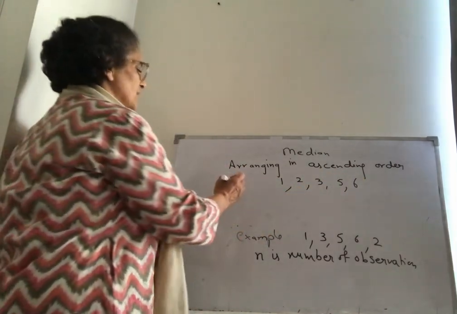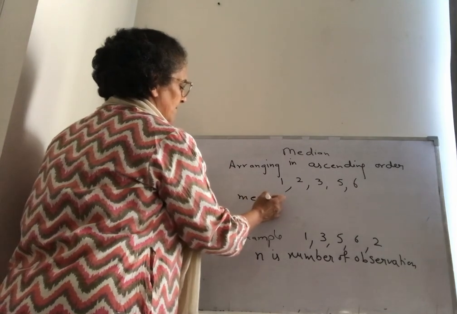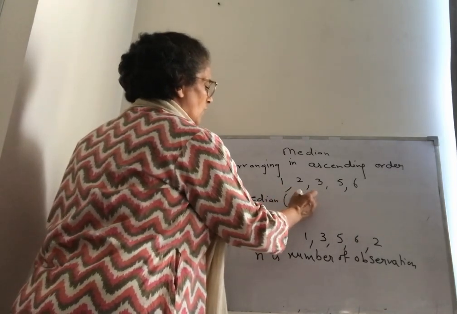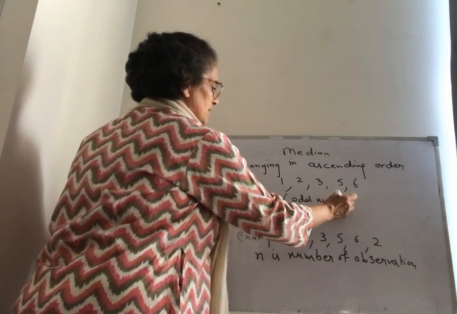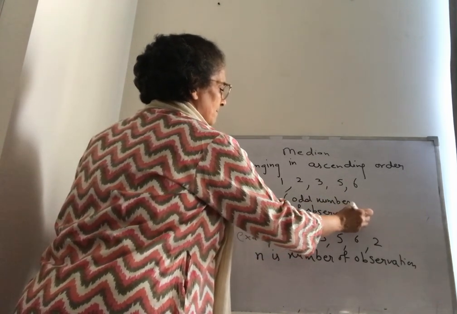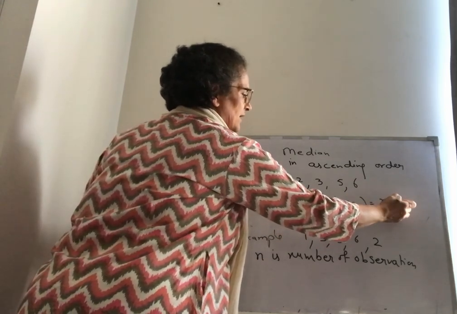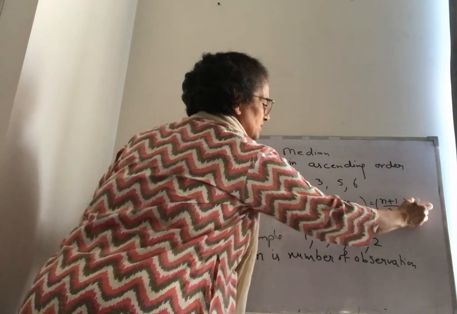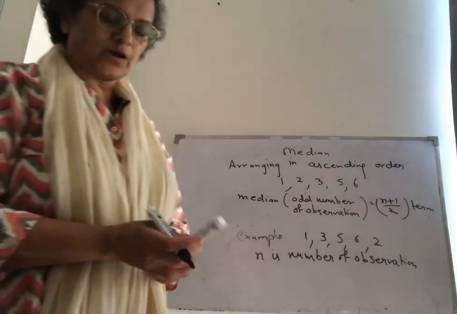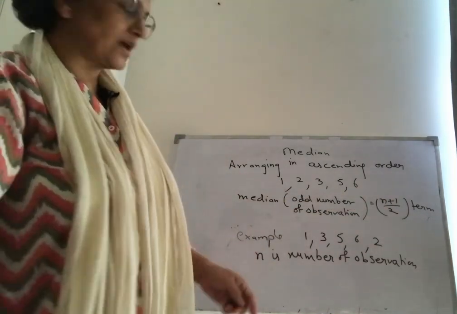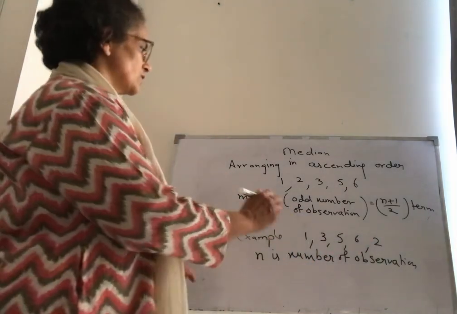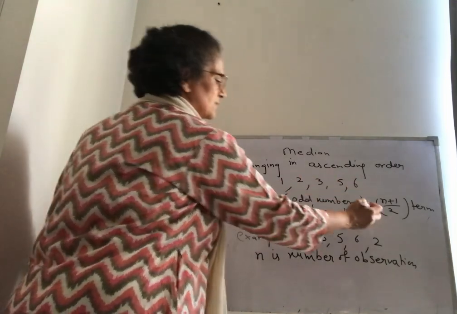In this case, what is the formula for an odd number of observations? We write the (n plus 1) upon 2 term. What was my n in this case? n was 5: 1, 2, 3, 4, 5.